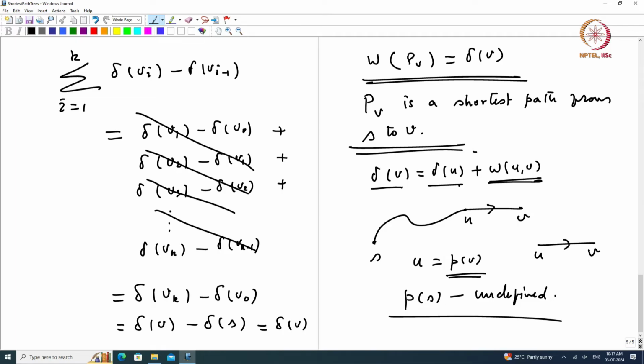There is a Bellman edge ending at U that we have considered, that will be previous of U, and for the other one there will be.